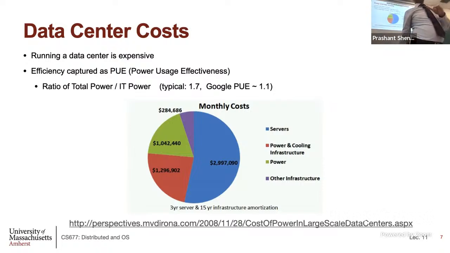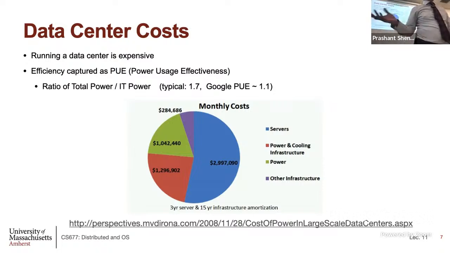Okay, that means that all the electricity going into a data center is going to power the servers, and servers are what are doing the useful work in your data center. But often you will see that some older data centers have a PUE of 2. Okay, what that means is for every unit of electricity your servers consume, there's an additional unit of electricity that's overhead, going into cooling the data center and doing some other things.